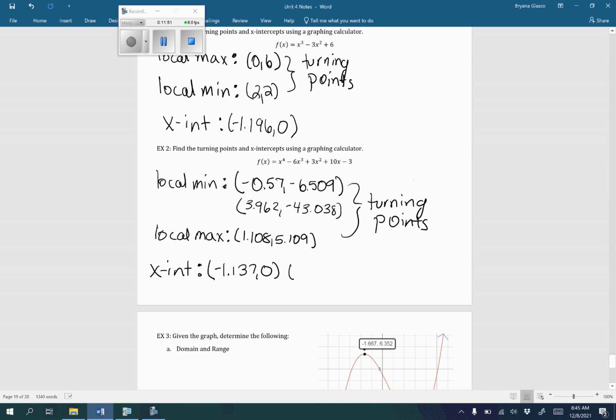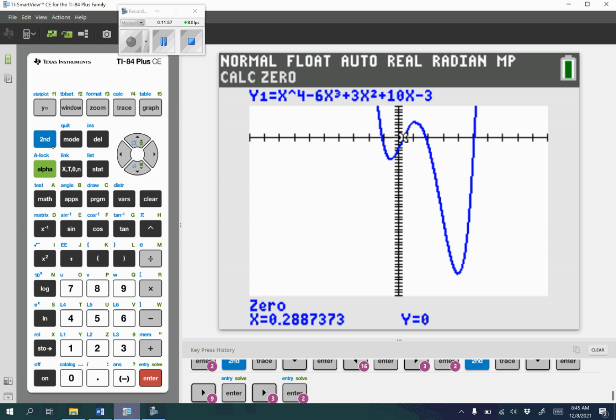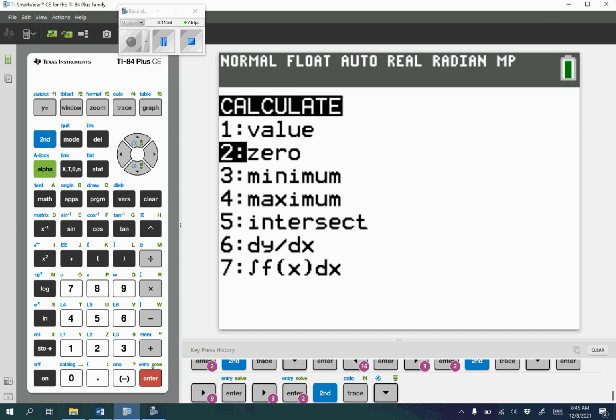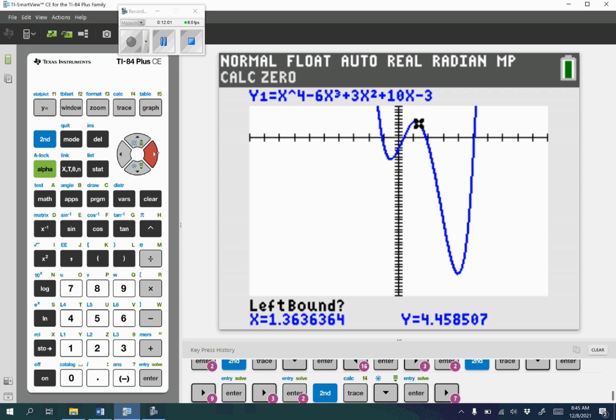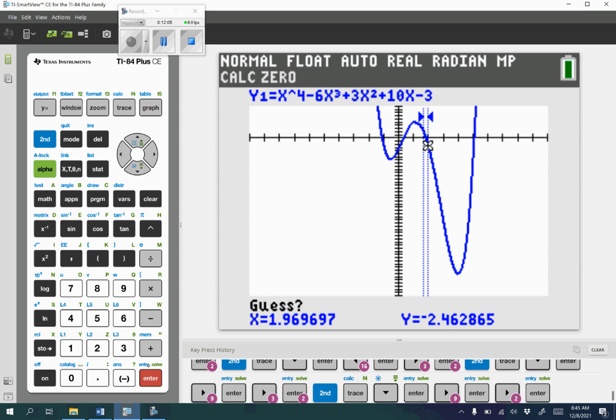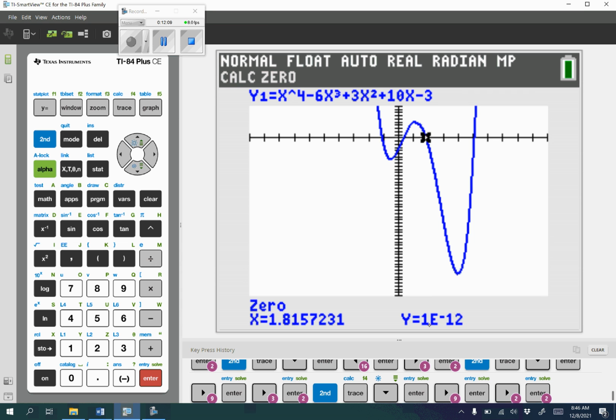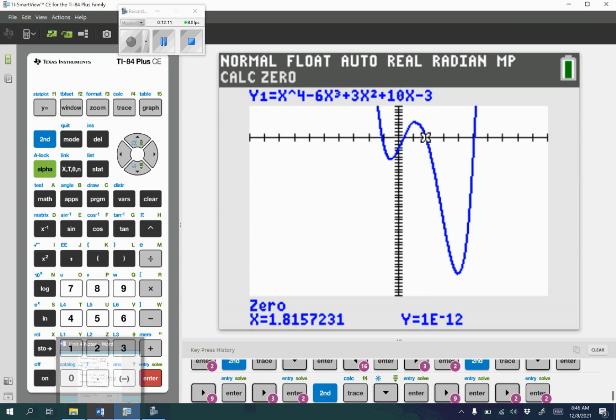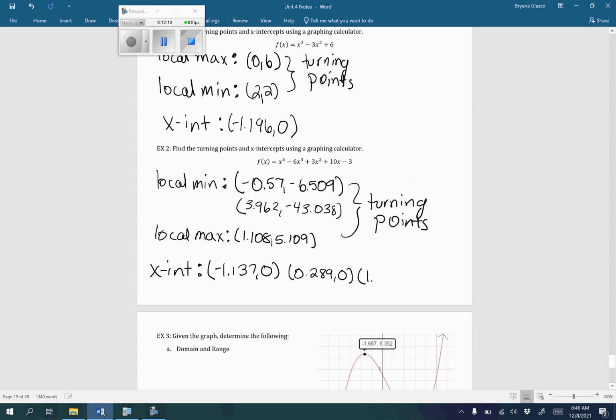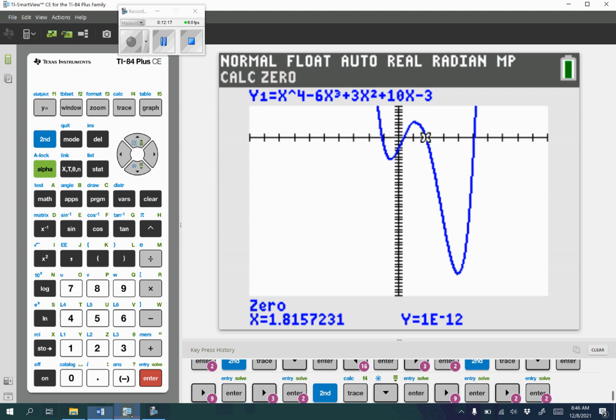I'm just going to list it basically. Do it again. Okay. Above here is going to be my left. Below is going to be my right. Press enter a third time. Here we go. Once again, make sure your y is 0. And then our last one.